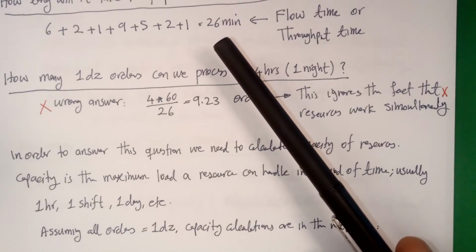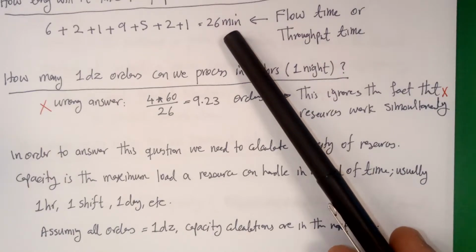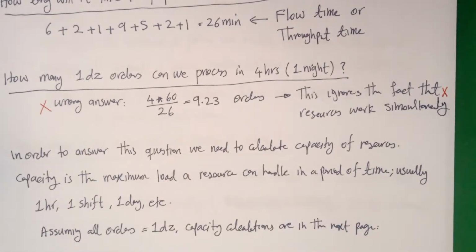If every product takes 26 minutes to produce, then 240 divided by 26 gives me roughly 9 orders. This is a wrong solution because it ignores the fact that resources can work at the same time, meaning while the oven is baking dozen number 2, Kristin can start preparing dozen number 3. So this solution ignores that.